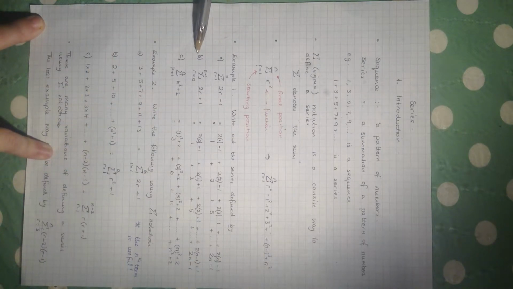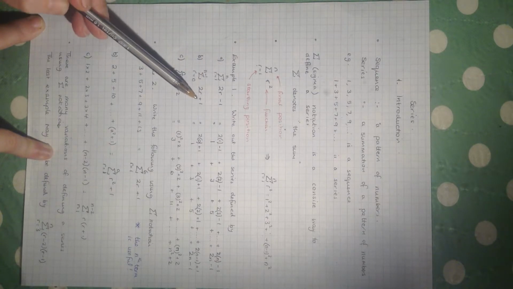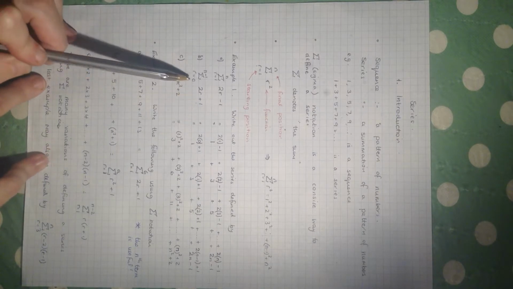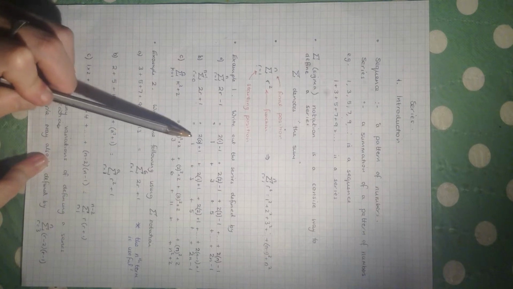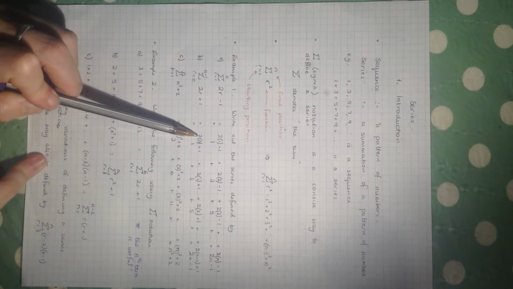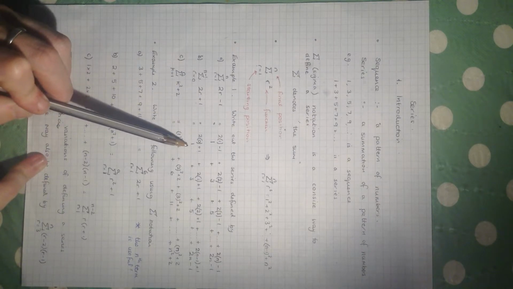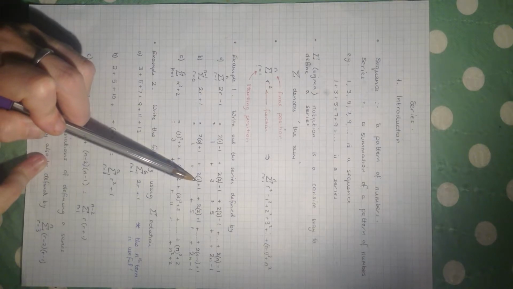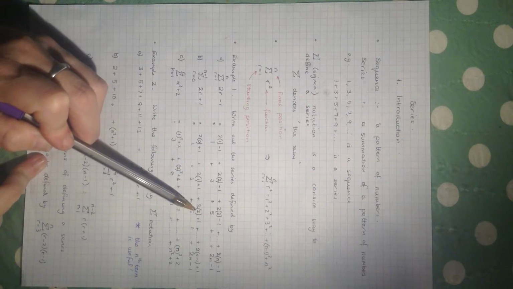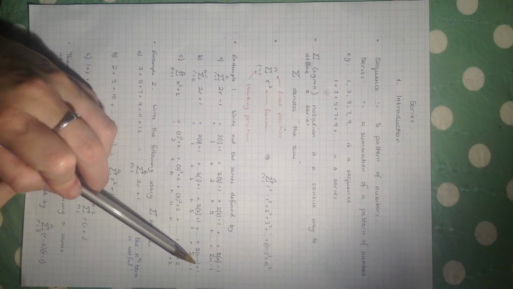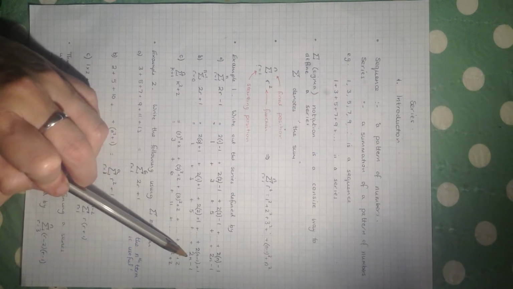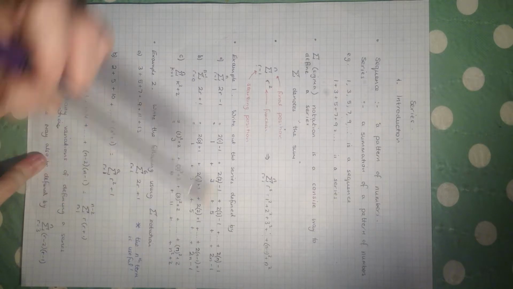In this next example, we're starting when r is 0 and going up to n minus 1, and it's for the function 2r plus 1. So again we start substituting in 0 to start, then 1, then 2, and so on. So we get 2 times 0 plus 1, which is 1, plus 2 times 1 plus 1, which is 3, plus 2 times 2 plus 1, which is 5, all the way up to 2 lots of n minus 1 plus 1, which comes out as 2n minus 1.